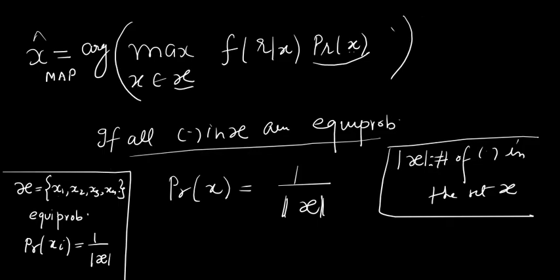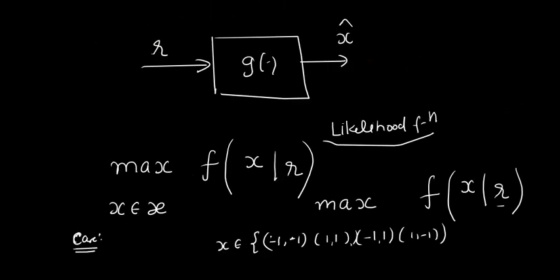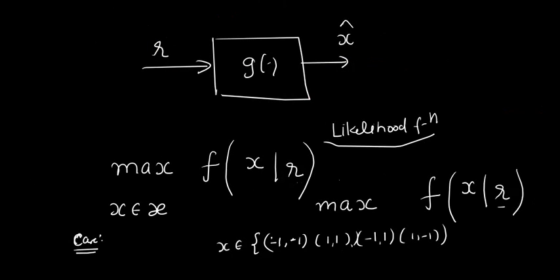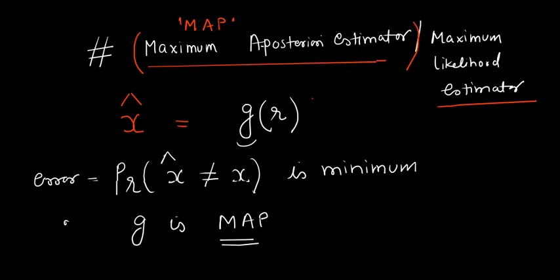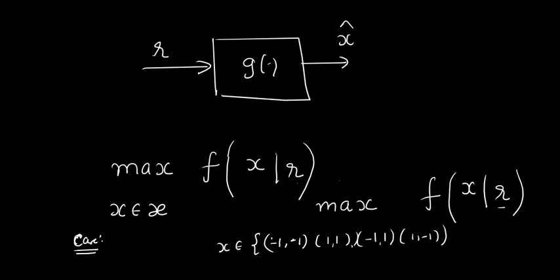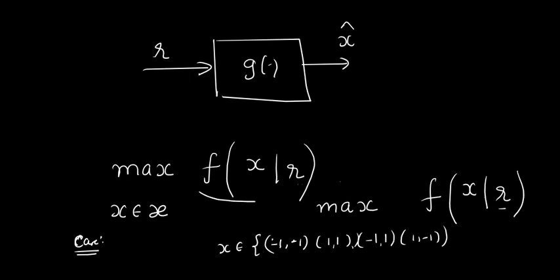Here there is a small correction. Here I said that this is a likelihood, right? So just erase it. Actually, this is the likelihood. Correct? This is the a posteriori probability or a posteriori function, MAP. Please correct it.